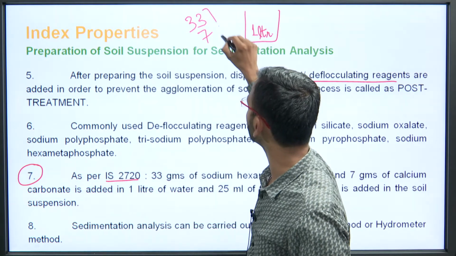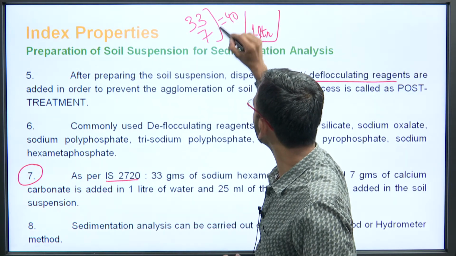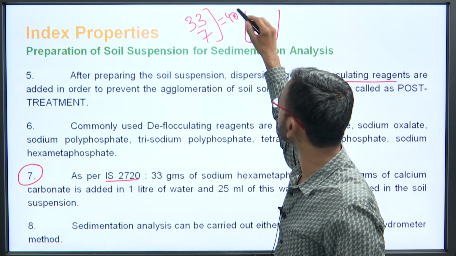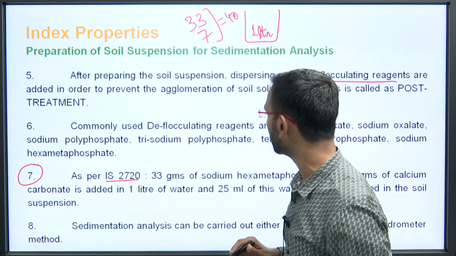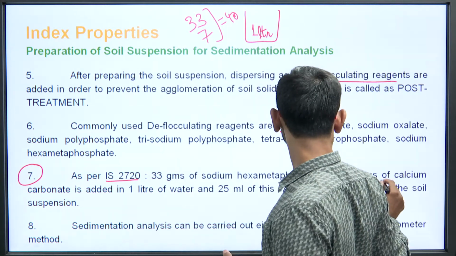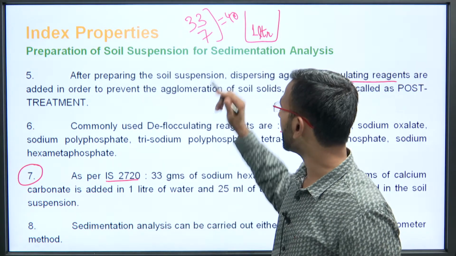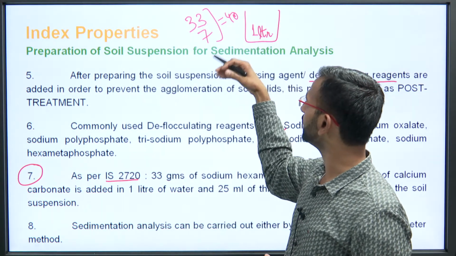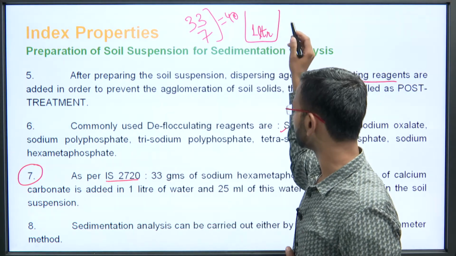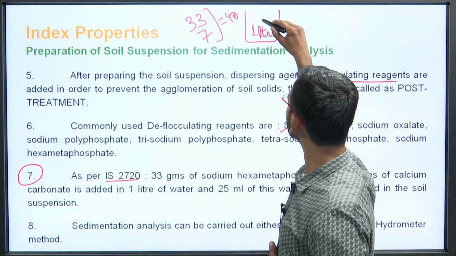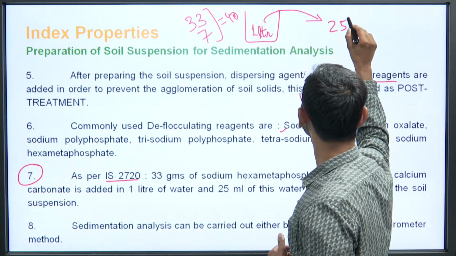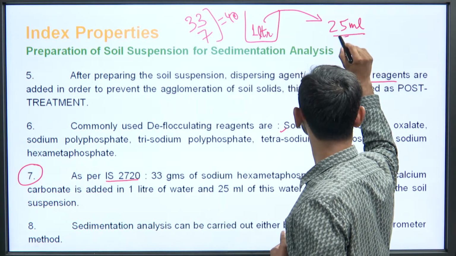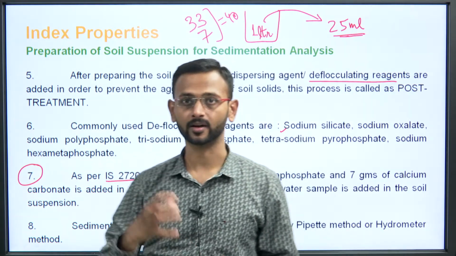So, in total we take what? 40 grams of material, one is the dispersing reagent or the deflocculating reagent, and another is nothing but the calcium carbonate. Calcium carbonate initiates the reaction here, and out of this 1 liter suspension which is prepared, we take out 25 ml and we use this.